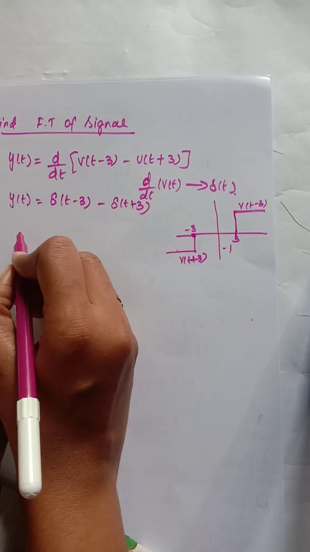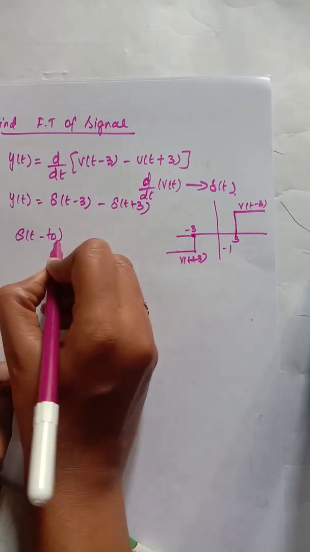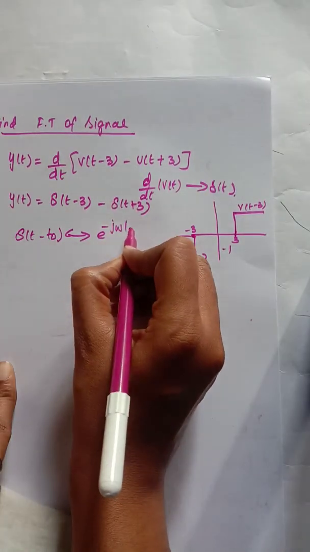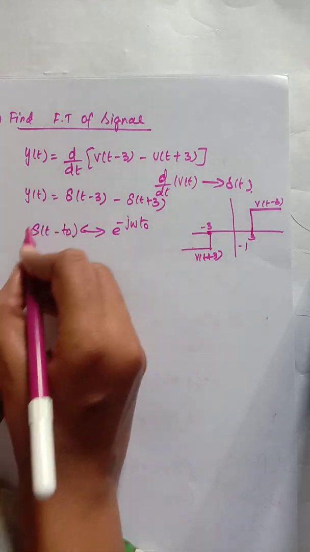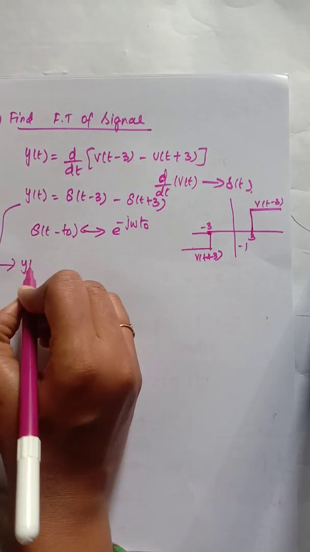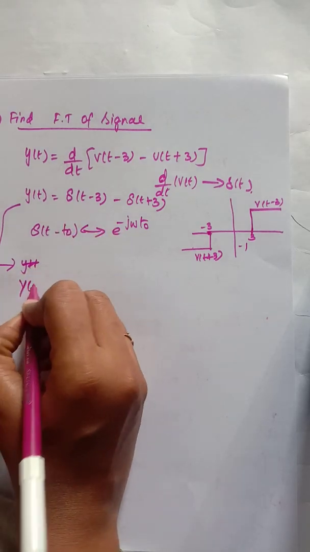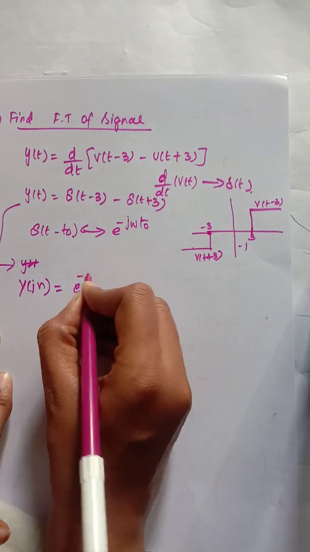You know that there is a transform for this: delta of t minus t naught can be written as e power minus j omega t naught. Applying this formula, by applying the Fourier transform, y of t will become y of j omega.